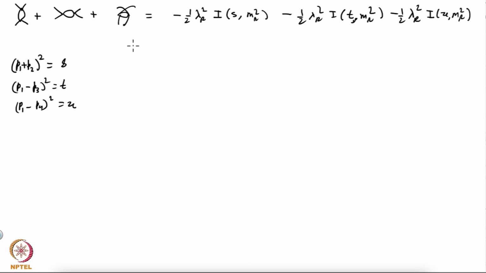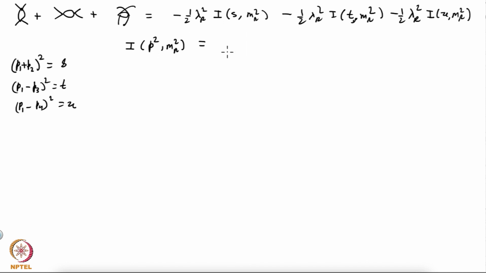So let me evaluate I of P², m_R². Instead of choosing S, T or U, I'll just write P², where later I will put P² equal to S and T and U, and then add these things.